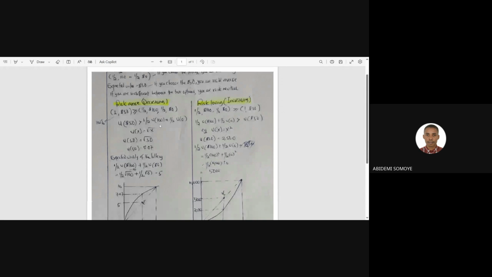So now let's start with risk averse. We've already said that a risk averse person is someone who does not love to take risks. Remember, if the person does not love to take risk, it means that he is going to have 100% of the $50.